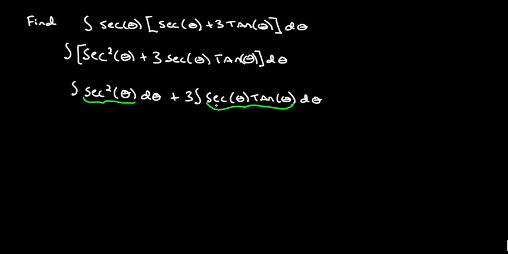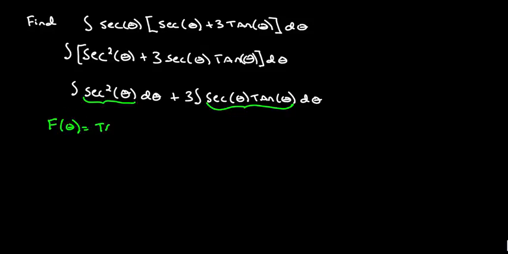Now we'll take a look at these inside pieces right here and right here, and we'll look at our differentiation, and ask, do we know a function whose derivative is either of these? So the function f of theta whose derivative is secant squared is the tangent.